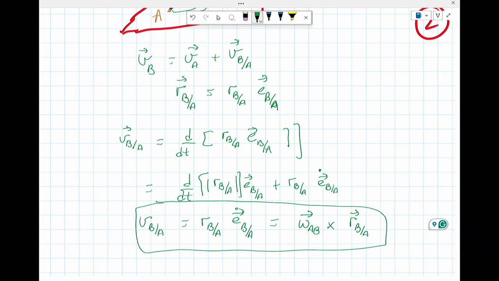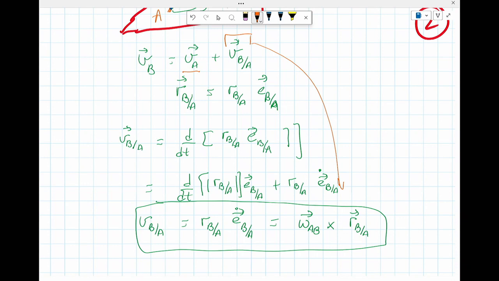Okay, that's kind of useful because now I'm trying to describe something. I have two terms that I have to worry about at the very top. I have a translational term and I have this one, which is confusing, but based on this, it's a rotational term. So that discussion at the very beginning when we started to talk about general plane motion, now I have something that kind of makes sense.